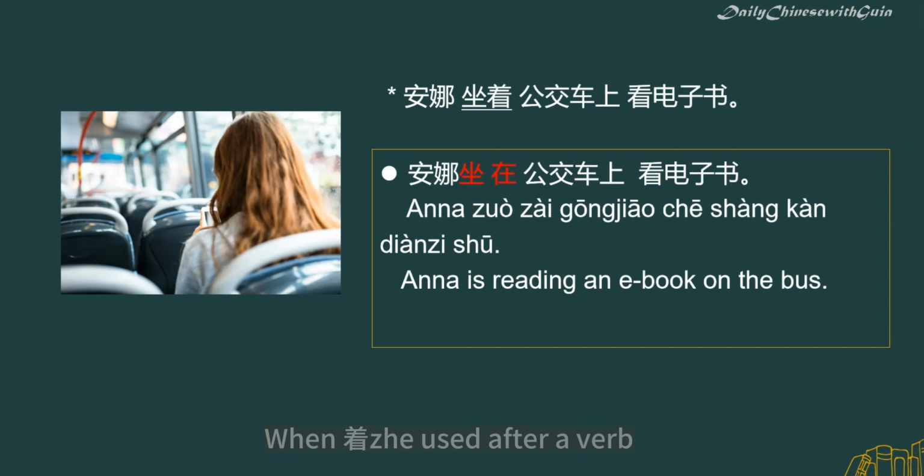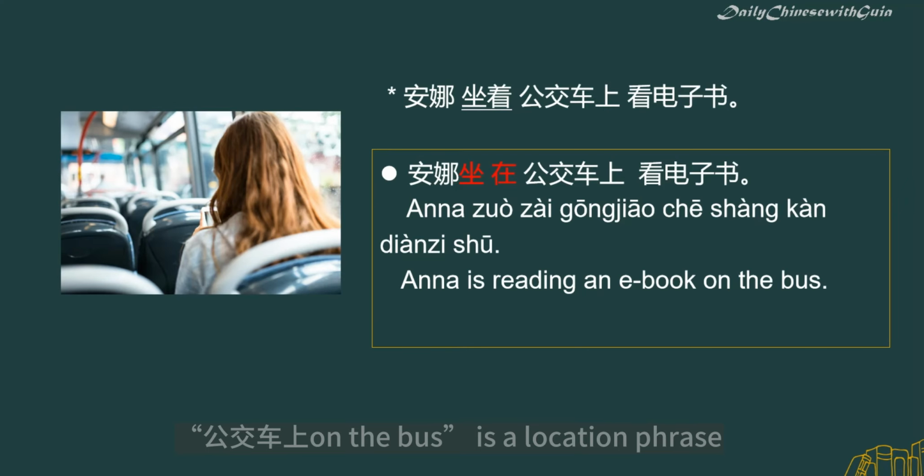Because when 着 is used after a verb, there can be no object behind it. But if there is an object, it cannot be a location object. Okay? 公交车上, on the bus, is a location phrase.